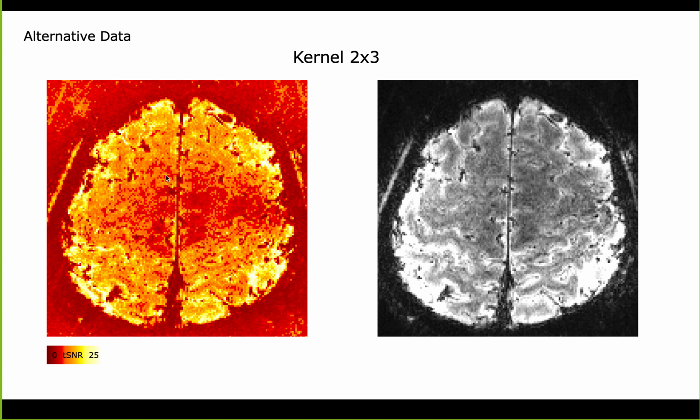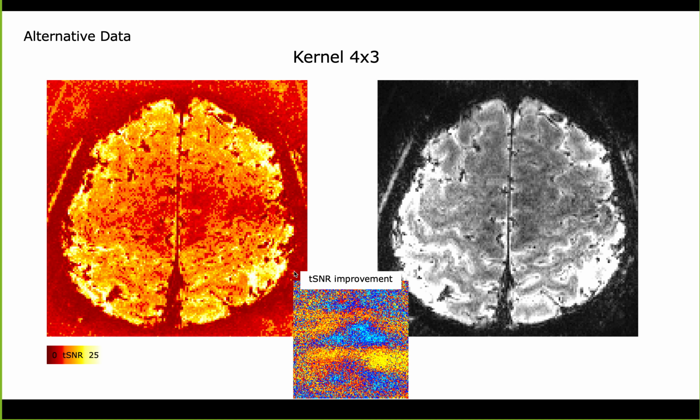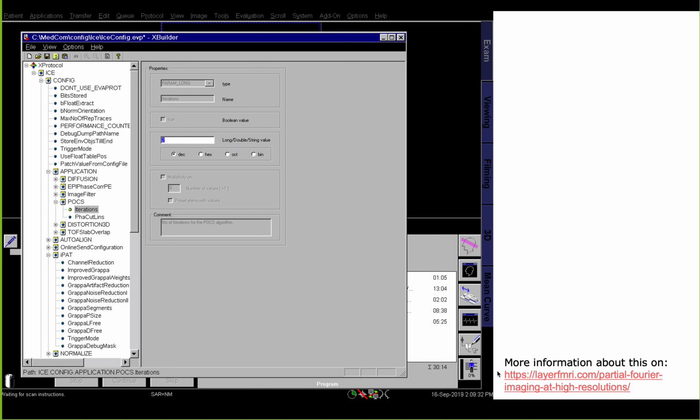So especially visible again in the motor cortex, where you see that the noise level in this kind of ellipse back there is sometimes more confined than at other times, which might be better visible when I look at the tSNR difference between a small kernel and a large kernel. So you're not really gaining anything globally, but you can improve the tSNR in the center of the brain, as I said, by using smaller kernels and by sacrificing the tSNR, the signal stability around it. So depending on where you care about it, you might want to change your kernel.